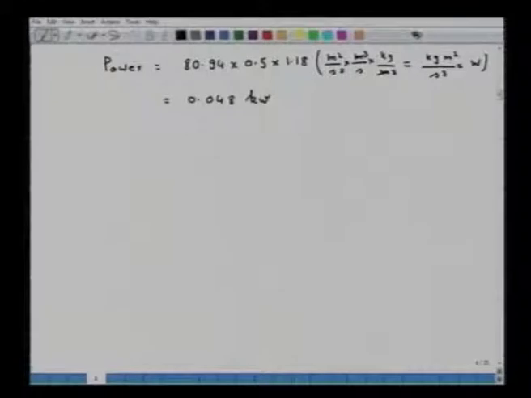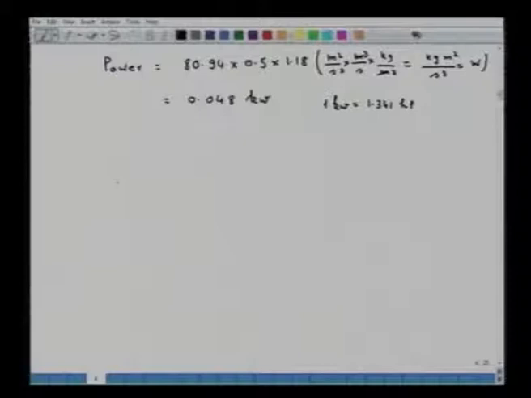Now, in order to calculate the horsepower, say 1 kilowatt is equal to 1.341 horsepower.